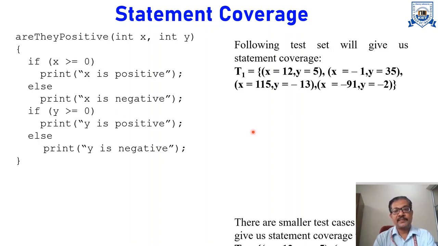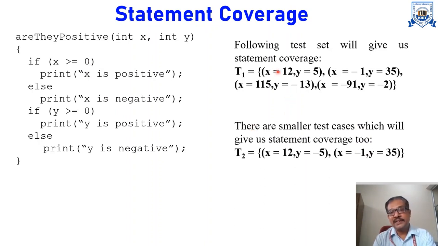But we can minimize this number of test cases, or take a smaller test set, with only x equals 12 and y equals -5 and x equals -1 and y equals 35. Then also, if you run through the program, all the statements get executed at least once, so we achieve statement coverage. That means this is the minimum number of test cases.